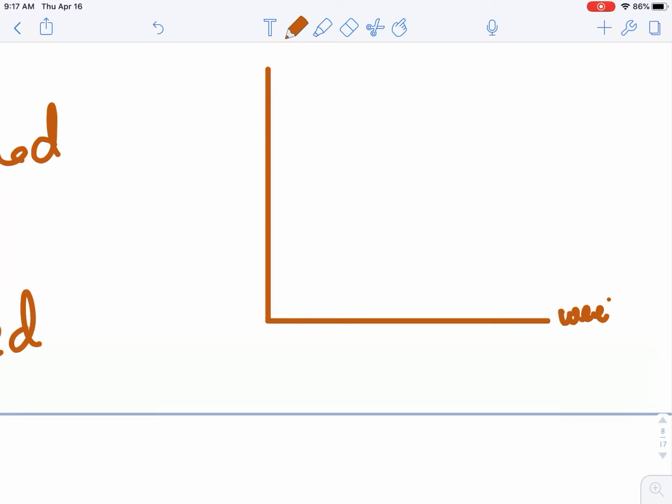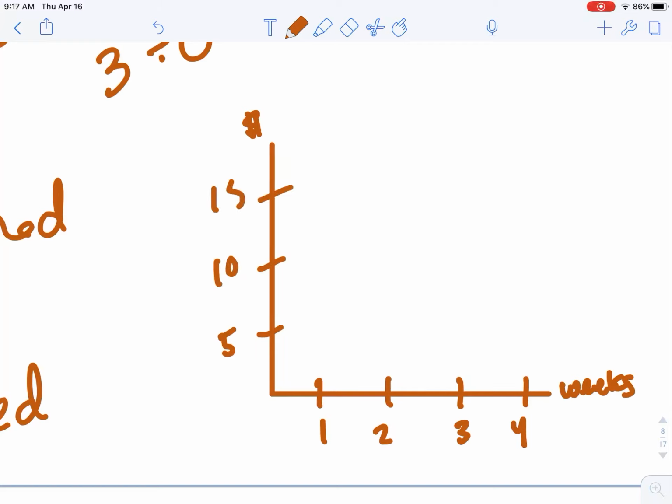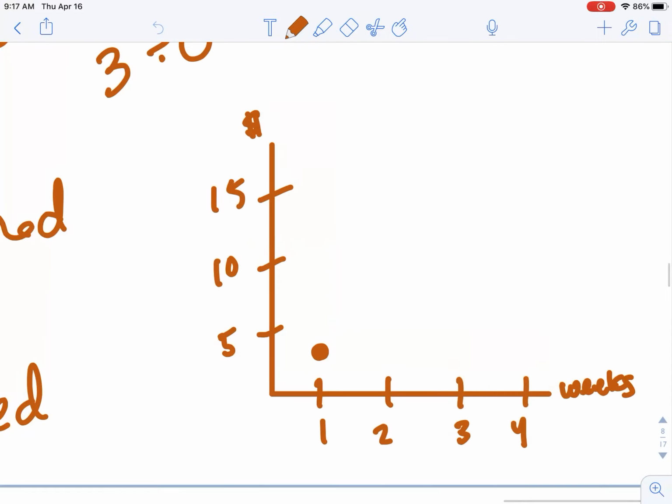and if this is weeks, and this is dollars, and I have the same graph as before, 5, 10, 15. Okay, so an undefined slope would look like, okay, after 1 week, I have $5.